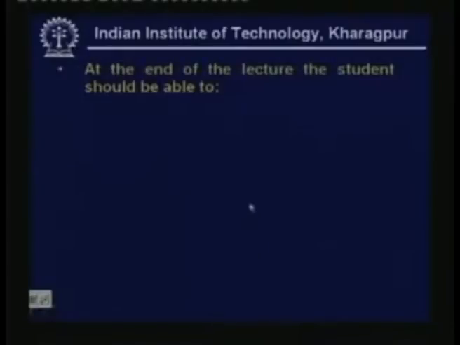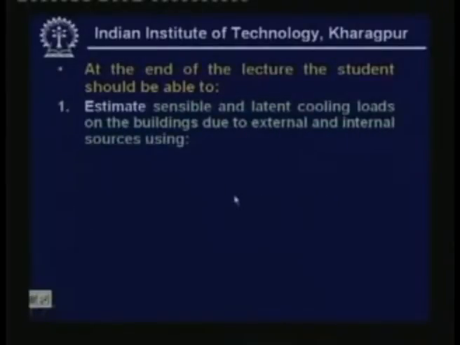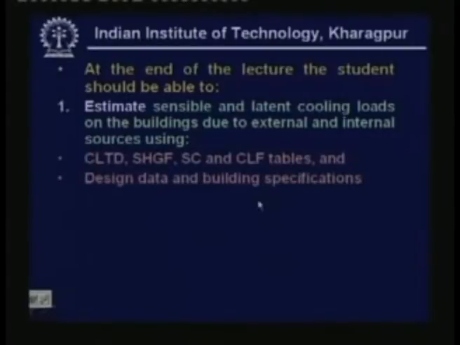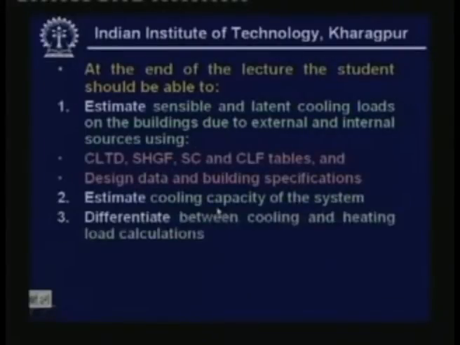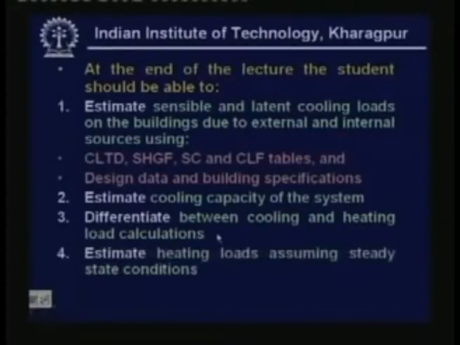At the end of the lecture you should be able to estimate sensible and latent cooling loads on the buildings due to external and internal sources using CLTD, SHGF, SC and CLF tables and design data and building specifications, and estimate cooling capacity of the system from the above information, and differentiate between cooling and heating load calculations, and finally estimate heating loads assuming steady state conditions.